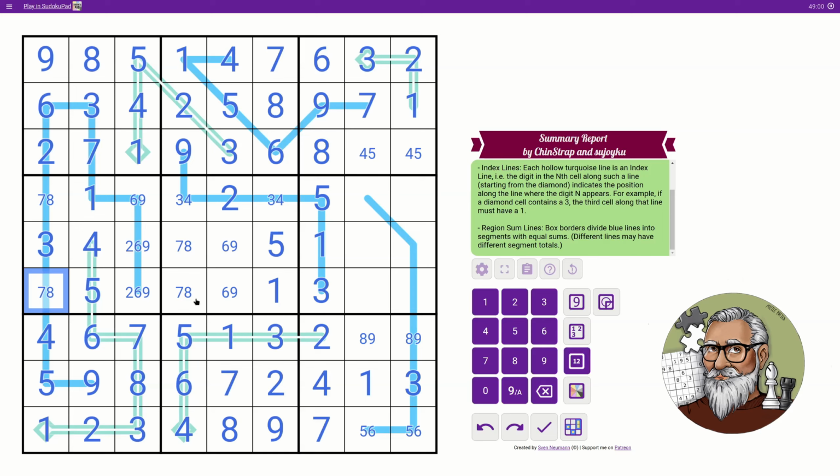Now I have a 7, 8 here. I say that as if it's gonna fix something. It didn't, right? Do I have to pencil mark this, or do I have something better? I guess I do, right? This is 6, 7, 8, 9.